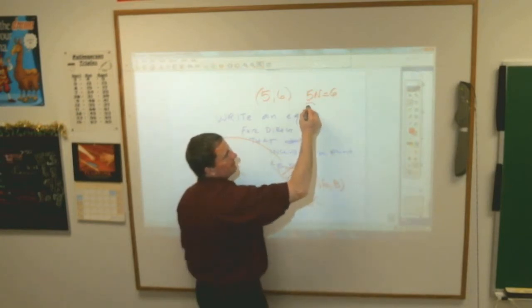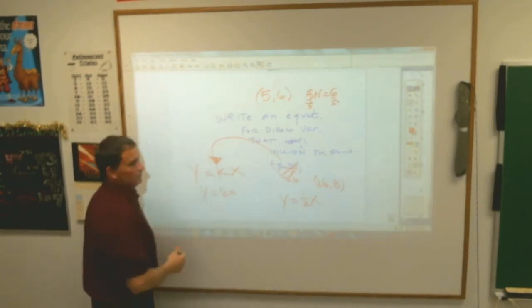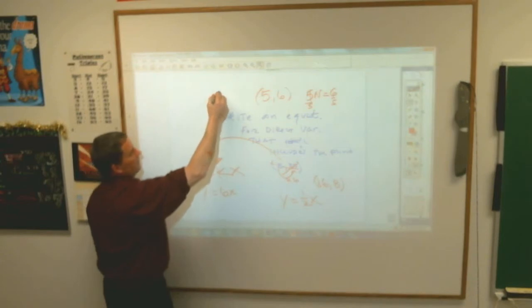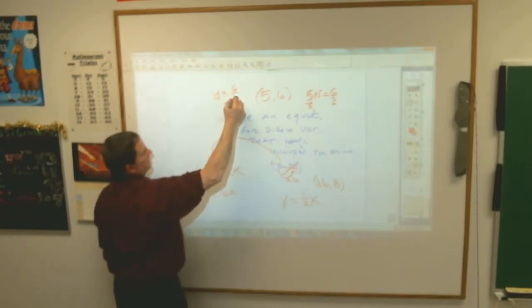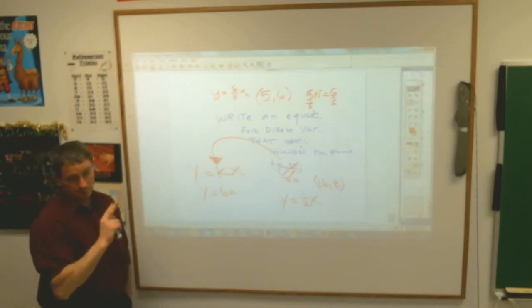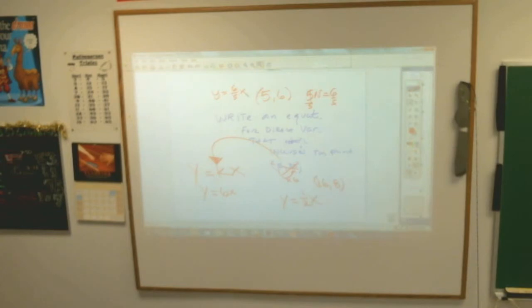Divide by 5, 6/5, or 1 1/5. You'd write it out as y equals 6/5 x. Now, if you're given 2 points, it doesn't have to be direct variation, but given 1 point, you could always come up with some sort of a factor there.